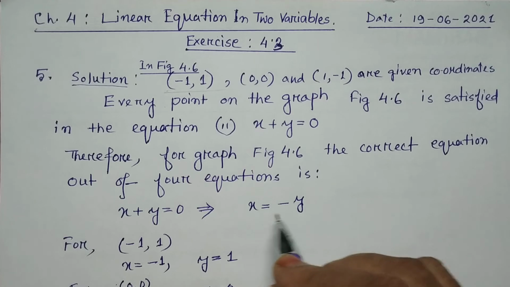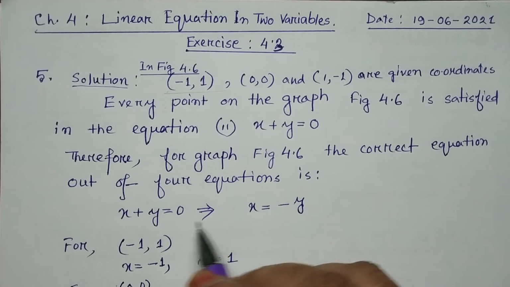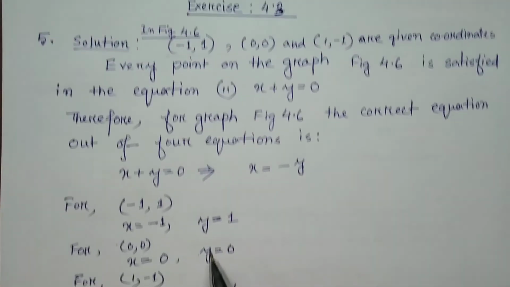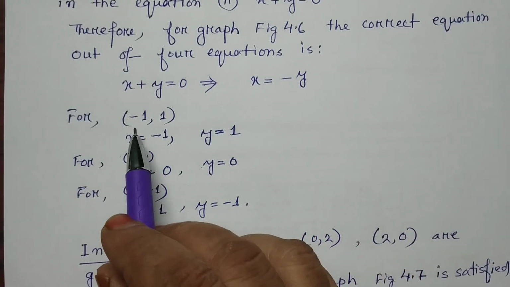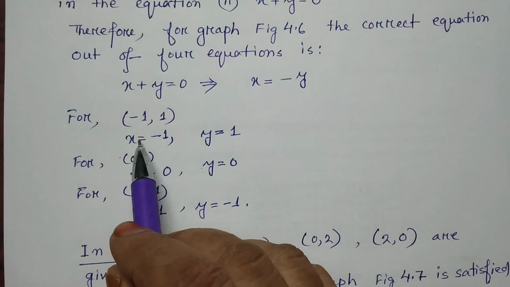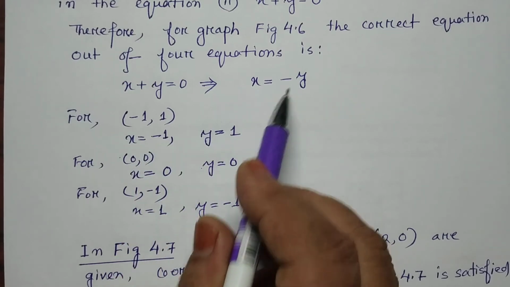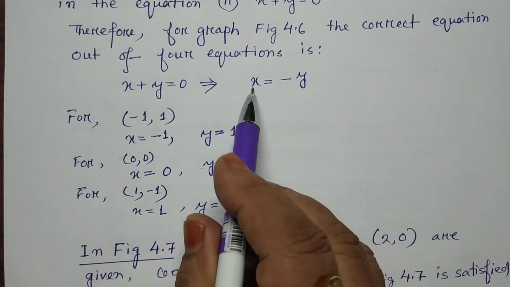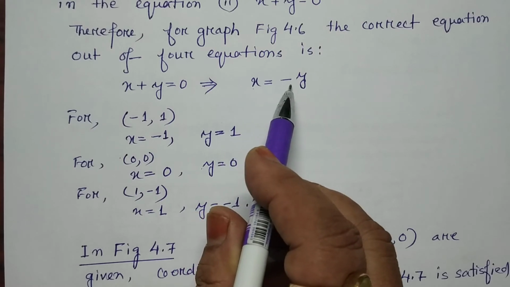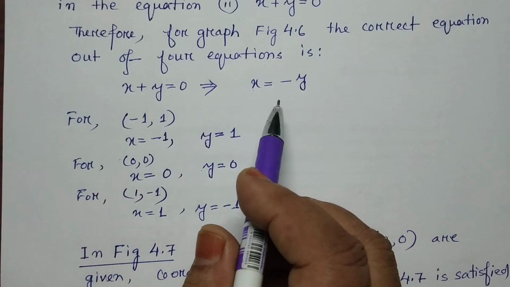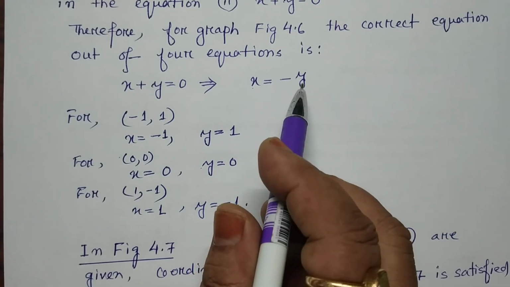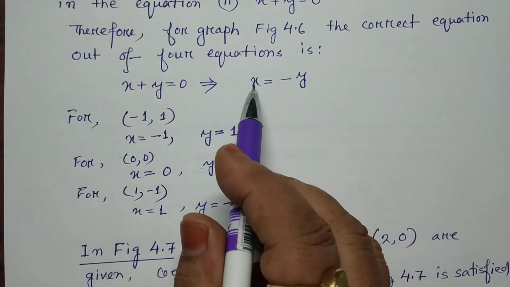That means we can write x equal to minus y. For the 3 coordinates I have already discussed, (minus 1, 1): here x is equal to minus 1, then y will be 1. If we put y equal to 1, then x will be minus 1.